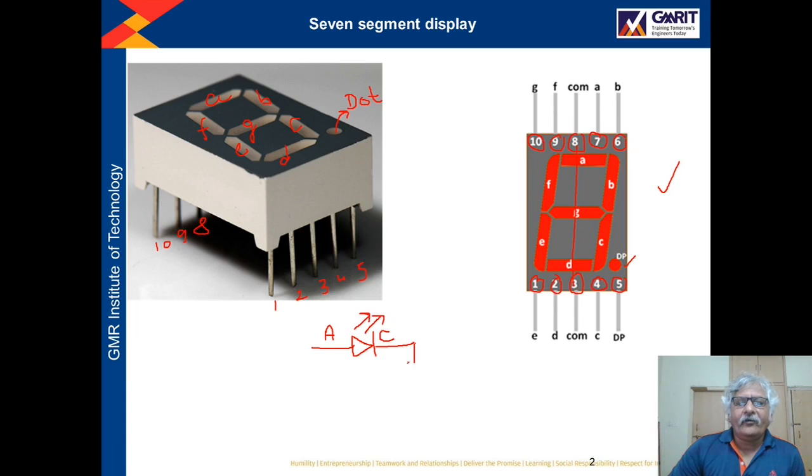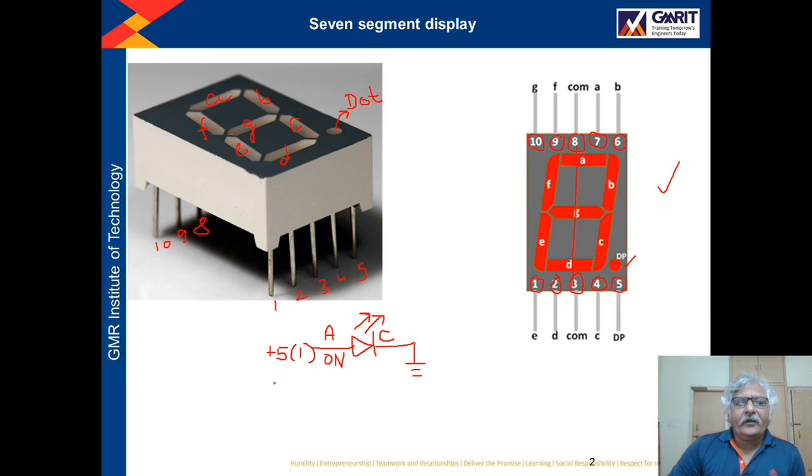So what we will do, we will join this cathode terminal to ground permanently, and to the anode terminal if we apply plus 5 volt, in binary we call it binary 1, then this LED will turn on. It will glow.